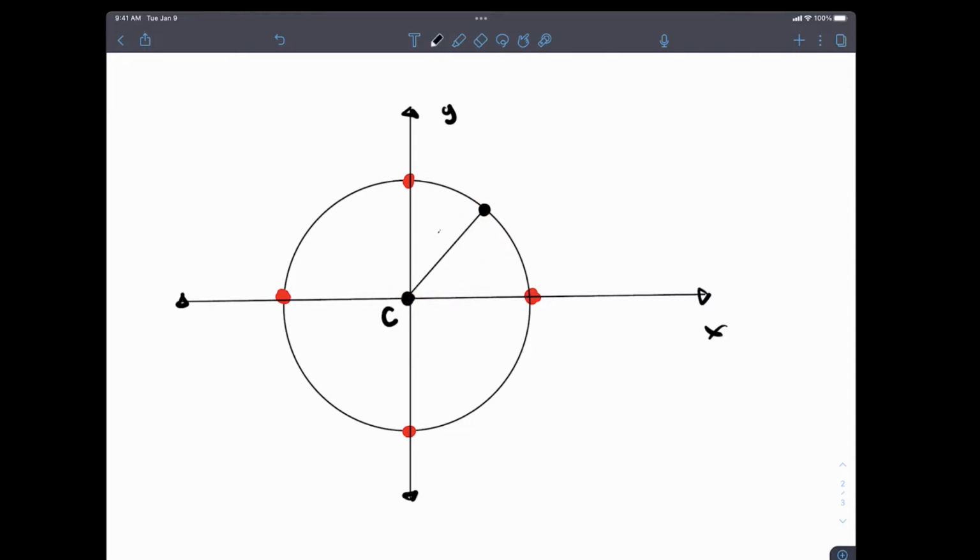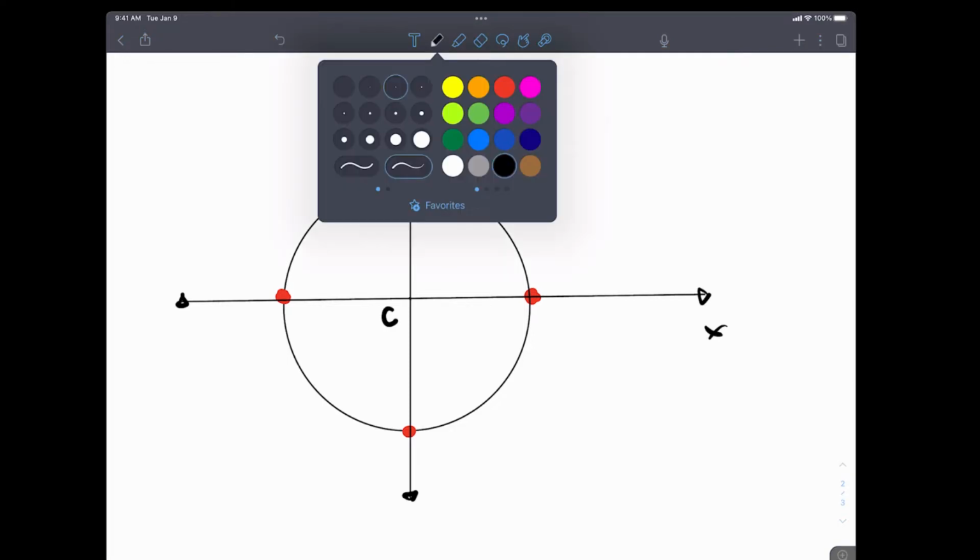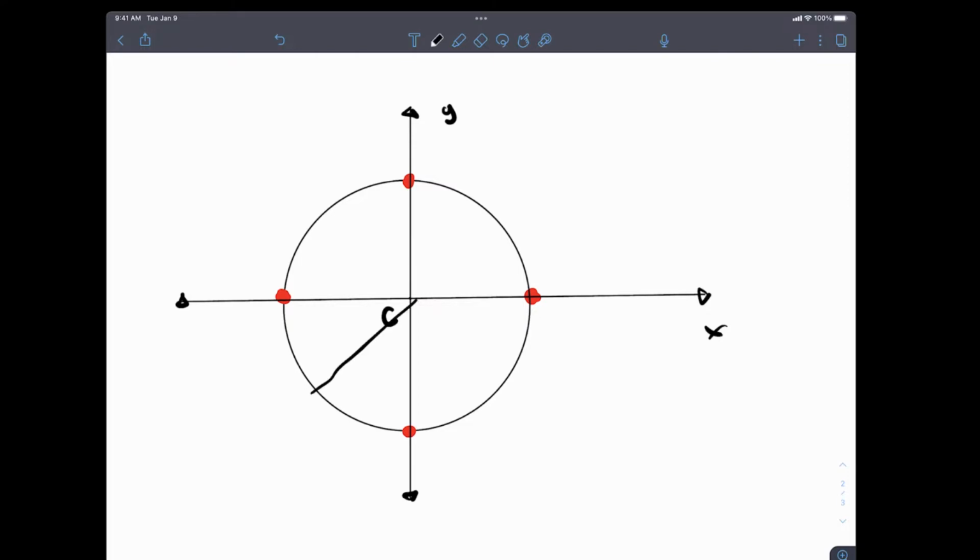So I'm going to give you guys a unit circle here, okay? I'm going to put an angle there, theta.